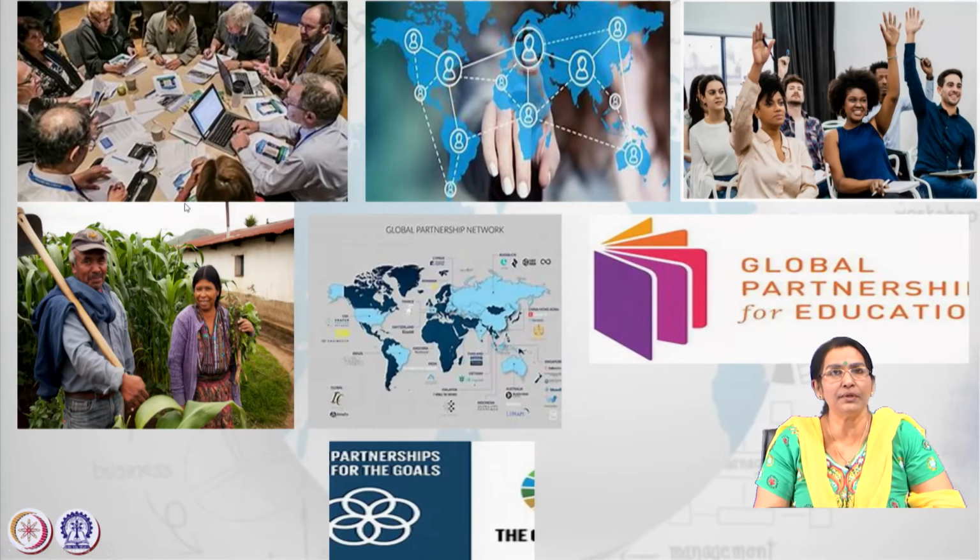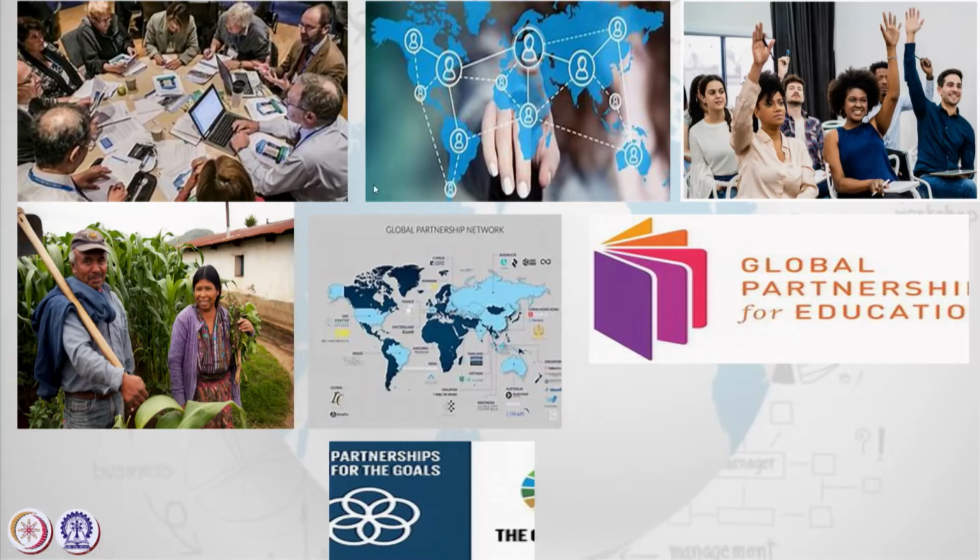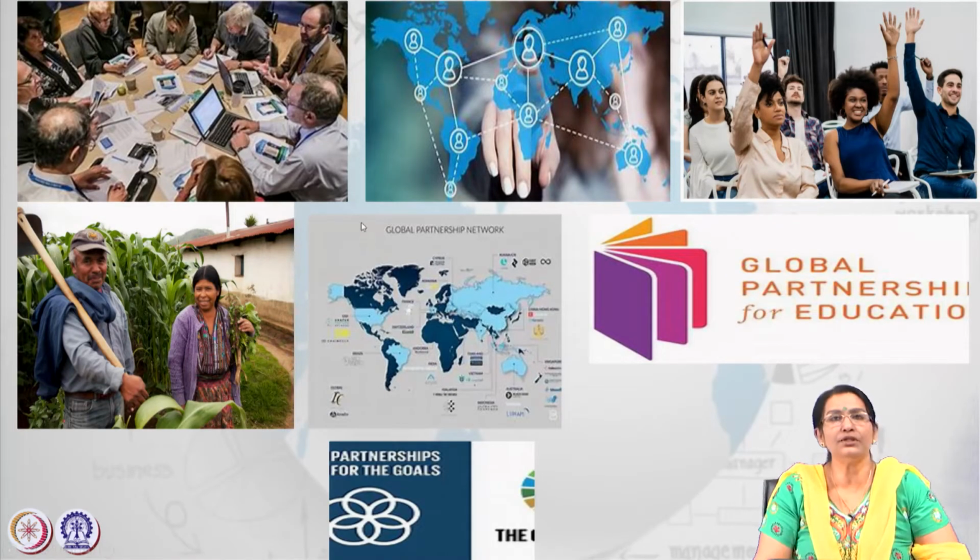You can see some of the pictures of what the name implies, what global partnership implies across the globe: across the sectors, across the population, across the groups, across the countries, etc. Global partnership means how we can achieve sustainable development goals, and through SDG 17, all the countries would be able to achieve all the other 16 SDGs.